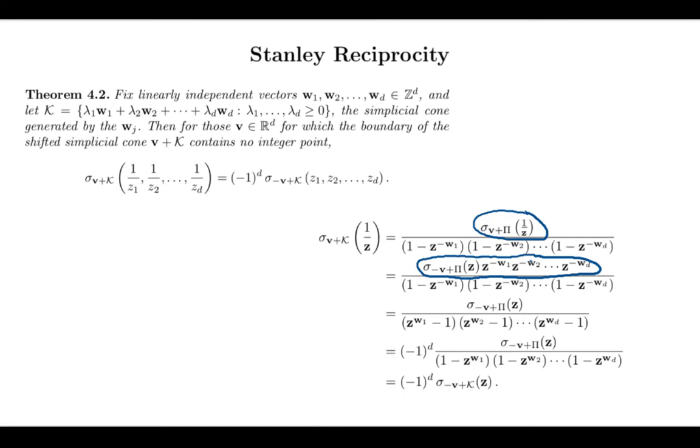So up to this point, we've really just done geometry. But now, starting with this step, we're doing algebra of rational functions. And it is this algebra that, at the end of the day, gives you the other integer point transform. But I want to stress one more time that the relation at the heart of this theorem is a relation of rational functions.